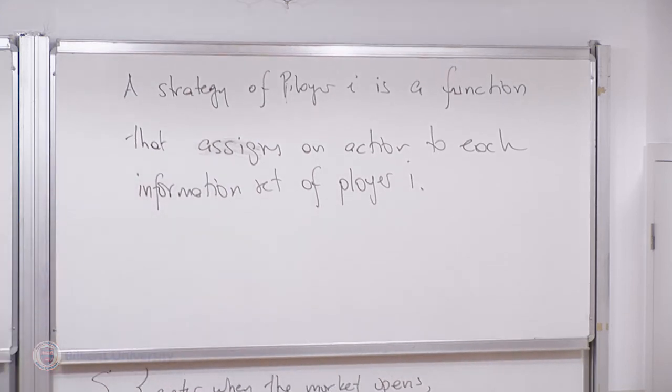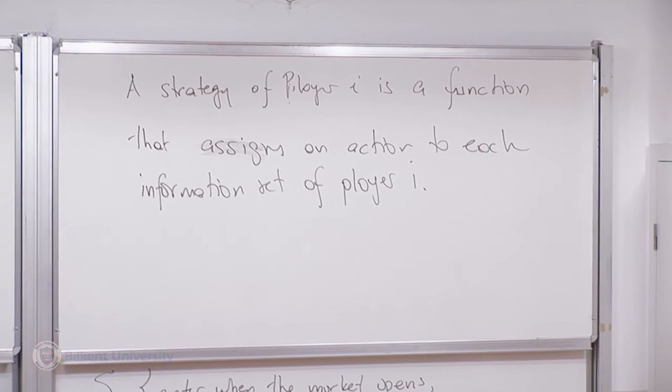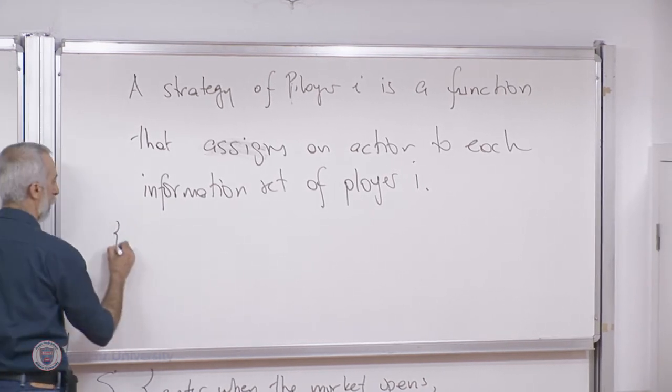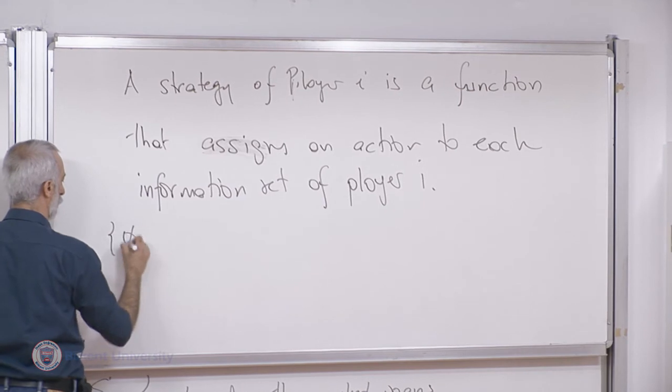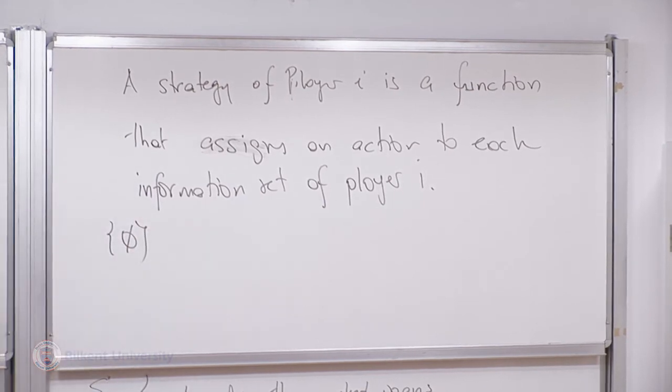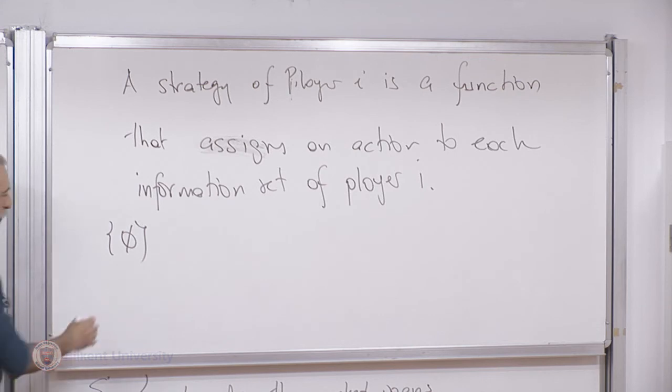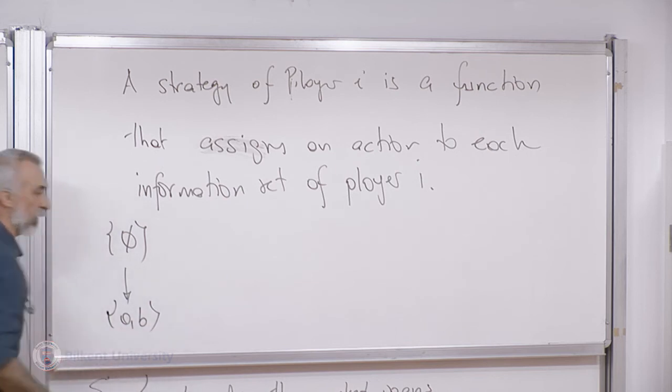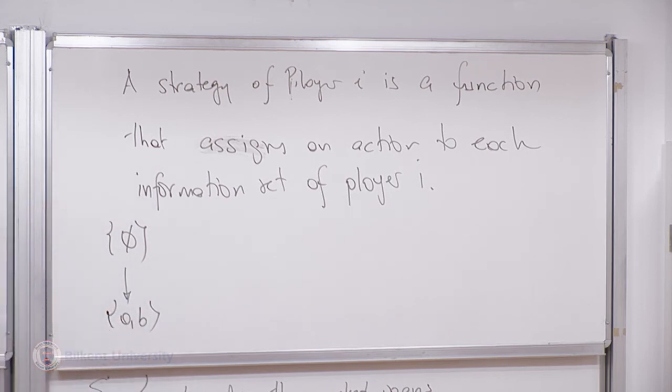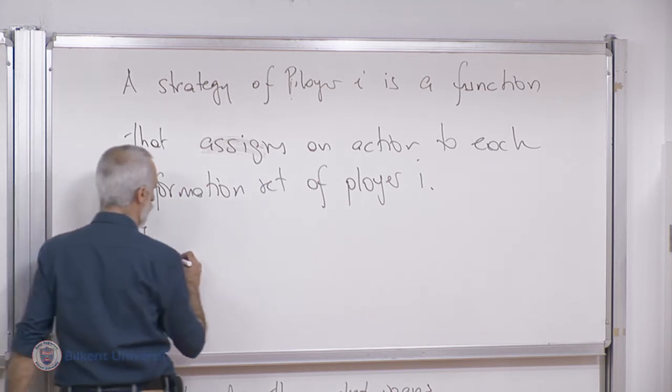So if you remember, in this game, player 1 only had one information set, which was this. What are the available actions at that node? The available actions to player 1 at that node are A, B. So a strategy of player 1 is a function from this set to A, B. So assign the empty sequence to A, assign the empty sequence to B. Player 2 had two information sets.